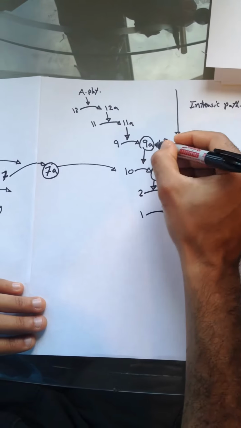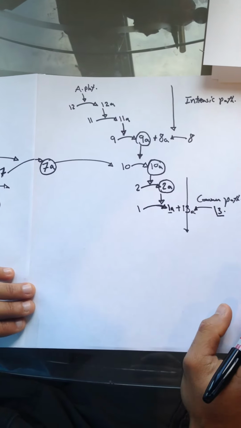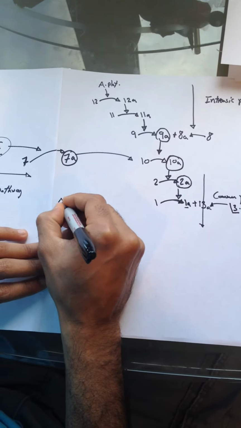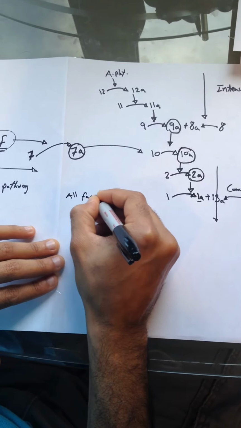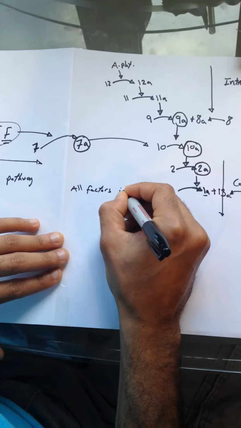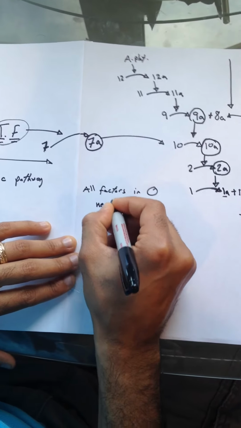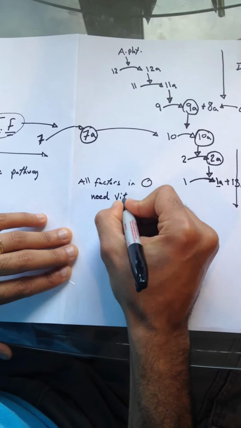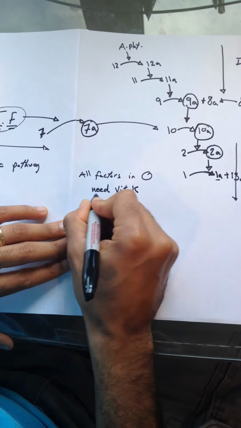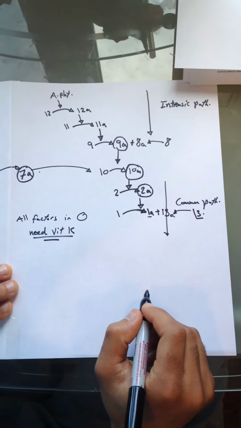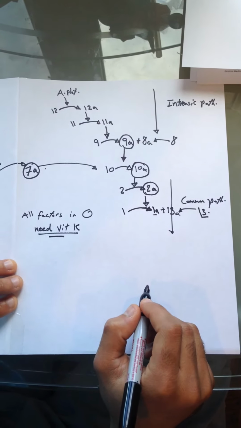Now all the factors in the story that we have circled, all factors in the circle need vitamin K. So you have to remember all these factors in the circle, those 4 factors, all need vitamin K.